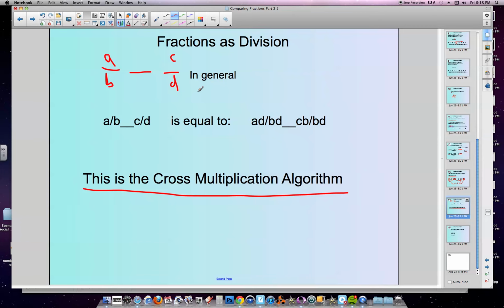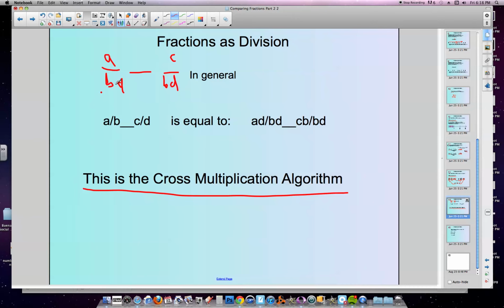But the commutative property of multiplication says the order that we multiply doesn't matter. So the logic is, okay, well, let's just multiply this by this guy's denominator, and let's multiply this by this guy's denominator. So now I have the same denominator, BD, BD. Voila, we have equal denominators.